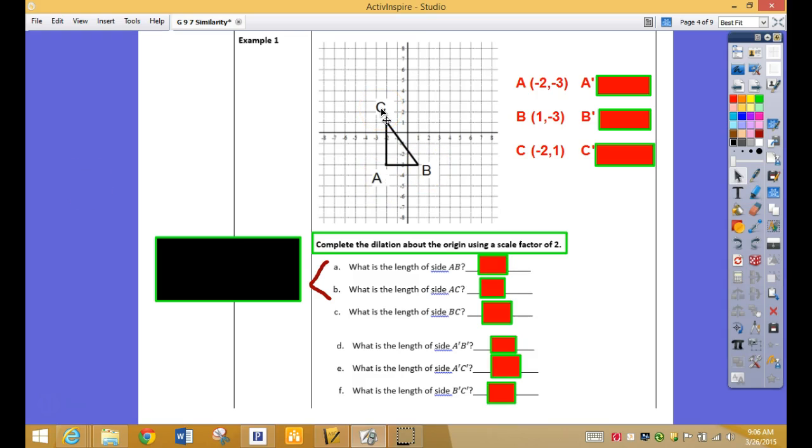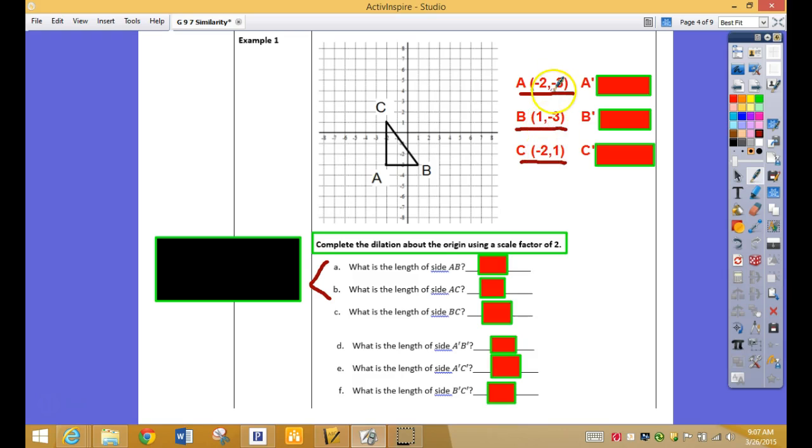Yep, of the pre-image. So what are the ordered pairs of A? Right here I have it written. The ordered pairs for A are 2, -3. The ordered pair for B is 1, -3. The ordered pair for C is -2 and 1.